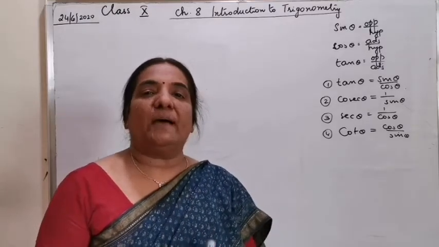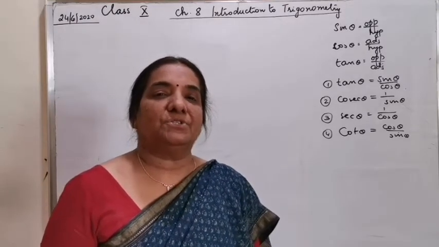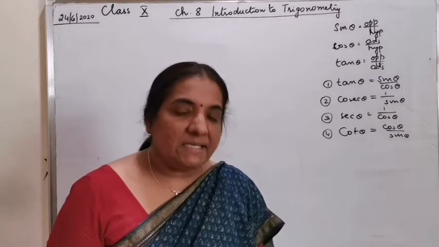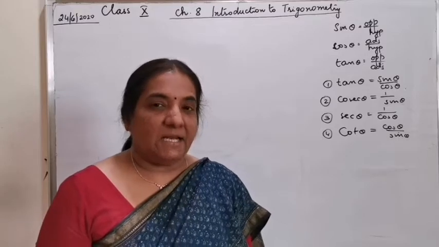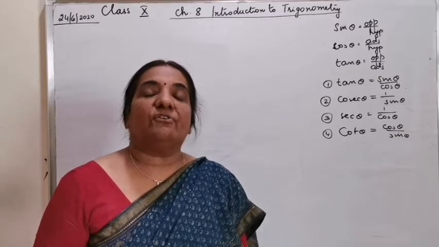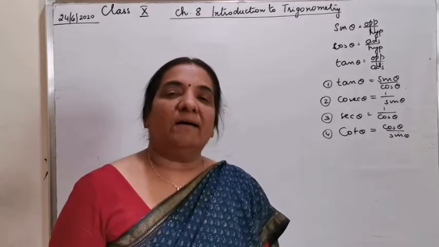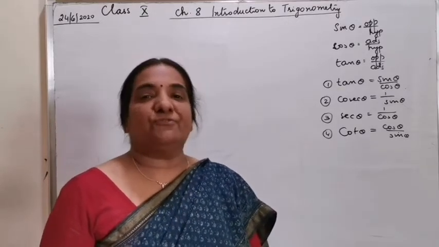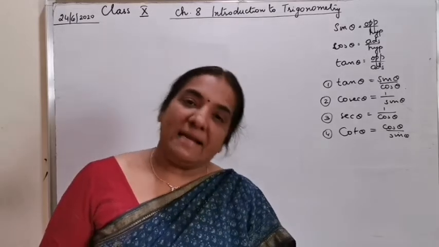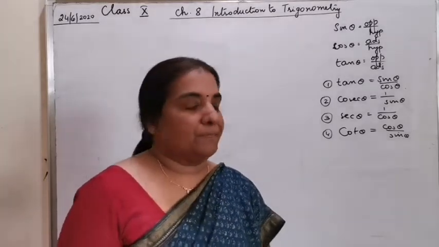But your values were restricted only to 0 degree, 90 degree, 30 degree, 45 degree and 60 degree. Now, the meaning of identities. What are certain identities which are useful in trigonometry? Let us derive it today.